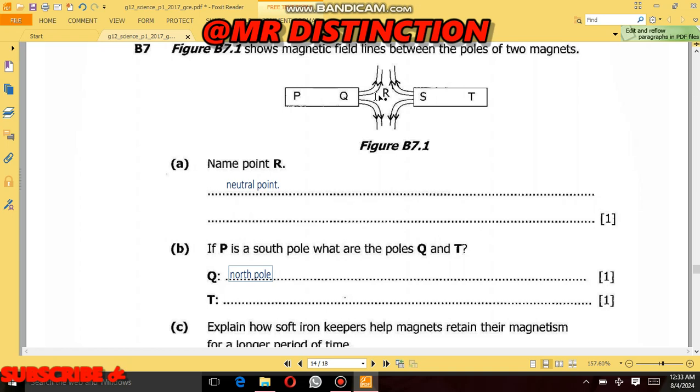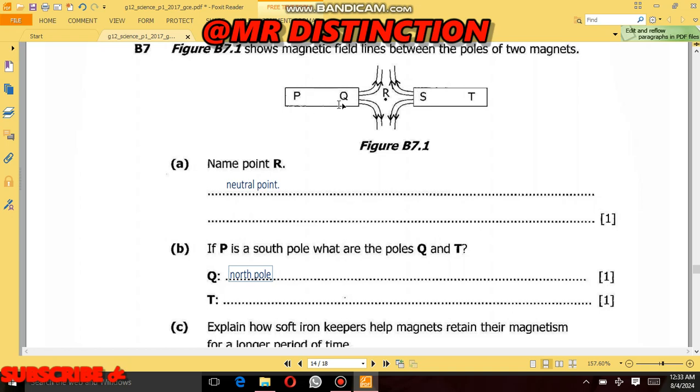In this case, where we have been told that this pole is a south pole and this is a north pole, just know that even this one is a north pole, because according to the law of magnetism, like poles repel, while unlike poles attract. So if there is a repulsion taking place right over here, it means that these two poles are the same.